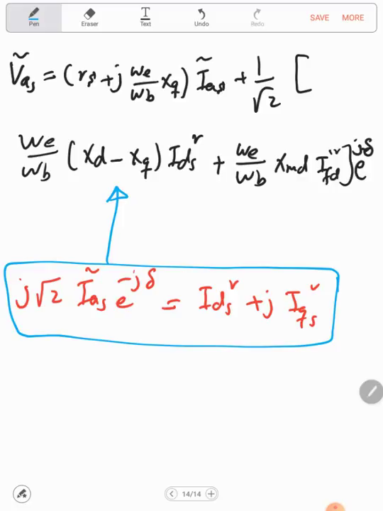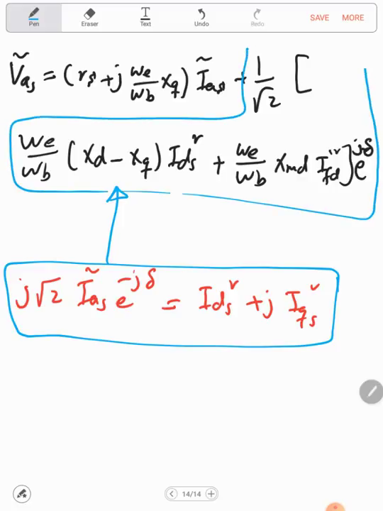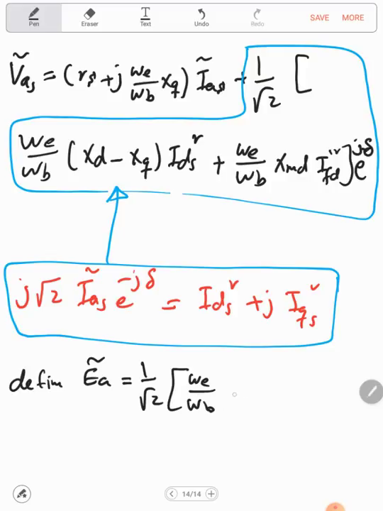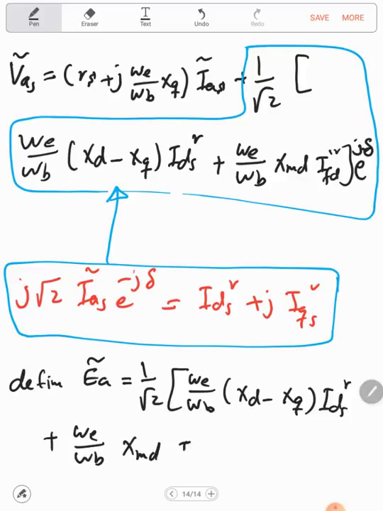Now, if we define this term as EA as a phasor, the back EMF, or the induced voltage as a phasor, equal to 1 over square root of 2 omega E over omega B (XD minus XQ) IDSR plus omega E over omega B XMD IFD dash exponential of j delta.